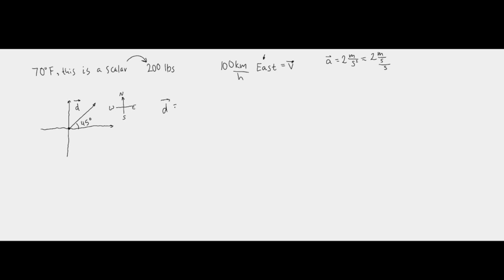So D could be equal to 5 meters at 45 degrees northeast. Now that's a vector. We have our magnitude, we have a direction. So this displacement vector has everything it needs to be qualified as a vector.